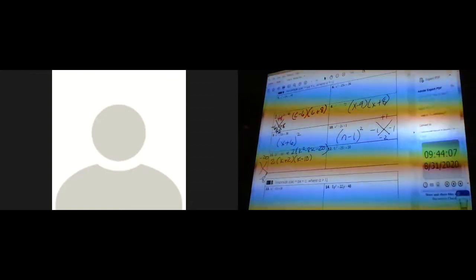So what factors of negative 20 add together to get negative 8? So when you factor out the 2, it basically simplifies everything else. Yes.